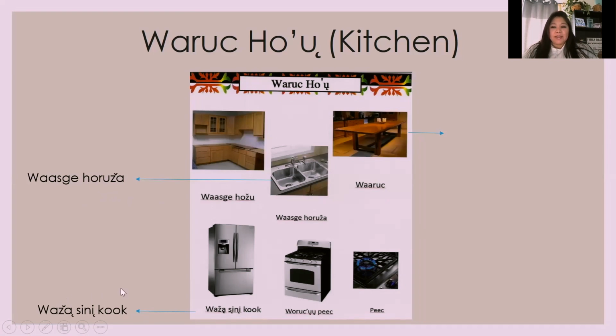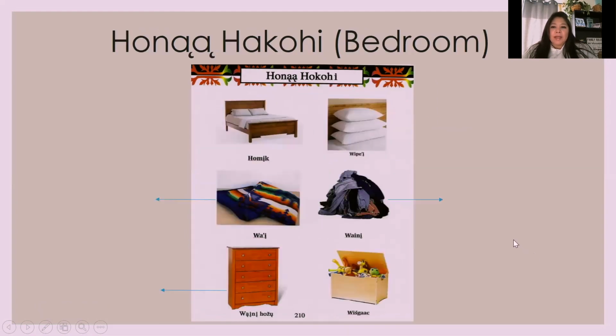Waja is something, sani is cold, and coke is box. So it's like a cold box. Okay. Then we have the waruch. So if you can see here, waruch is food, waruch is table. Okay, 2 A's. You have to take that A a little bit farther. Waruch, table.